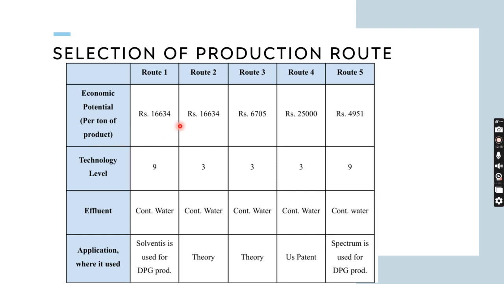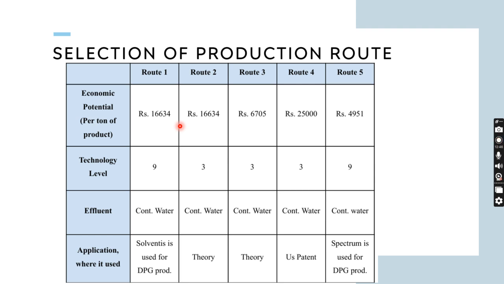So from here you see, for 1 ton of product, route 1 has around Rs 16,634 as economic potential. Similarly for route 2, 16,634, and route 4 has the highest economic potential, that is 25,000, but route 5 has the lowest, that is 4,951.